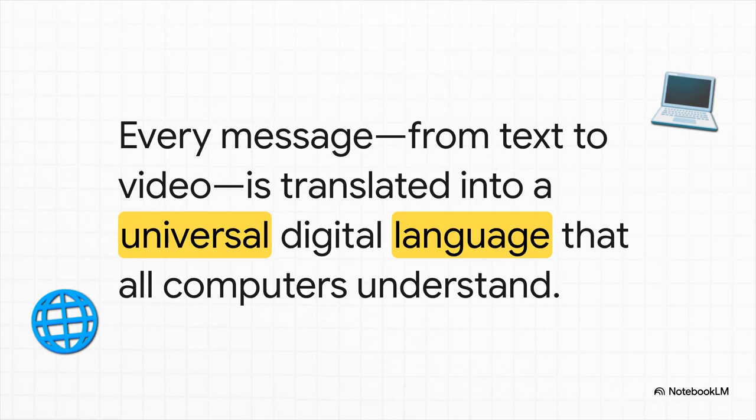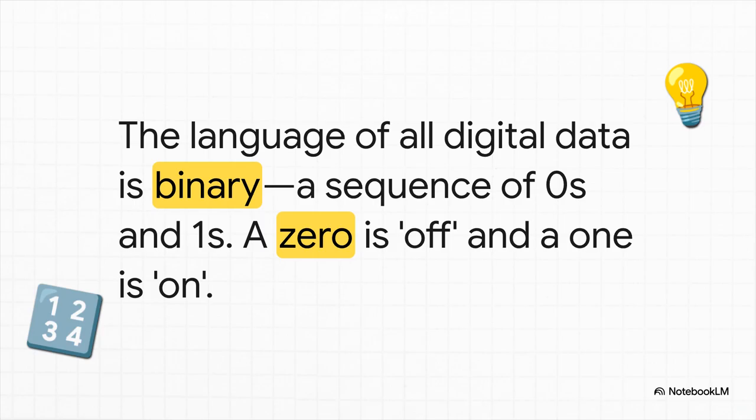It all gets broken down into one fundamental, universal language that literally every computer on the planet can understand. And what is that language? It's binary. That's it. It's all just zeros and ones. A 0 basically means off, and a 1 means on. Every single thing you see and do on a computer, at its absolute most basic level, is just a ridiculously long sequence of these simple on and off signals.